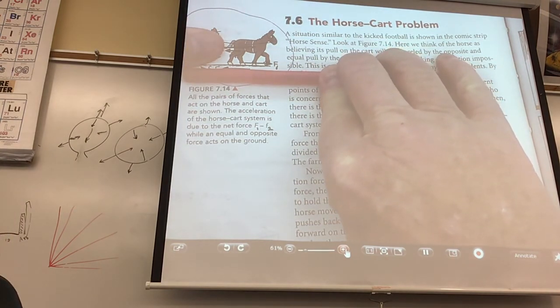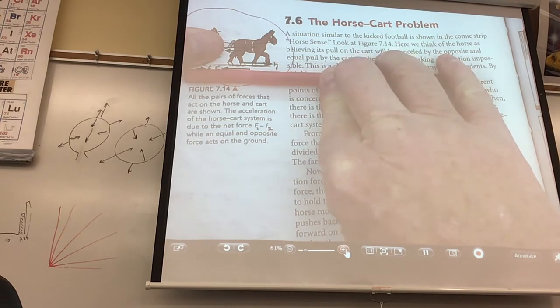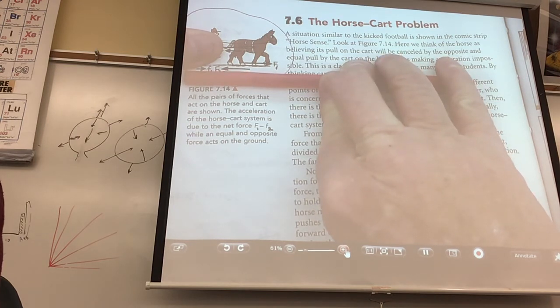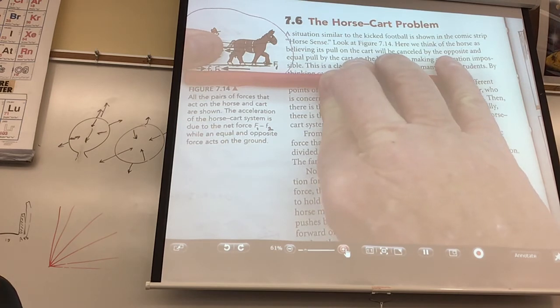Is the horse going to accelerate to the right? Yes. Why? Give me some letters. If big F1 is greater than P1, there'll be a net force to the right, and the horse will accelerate to the right.